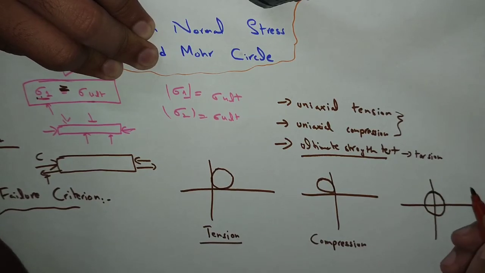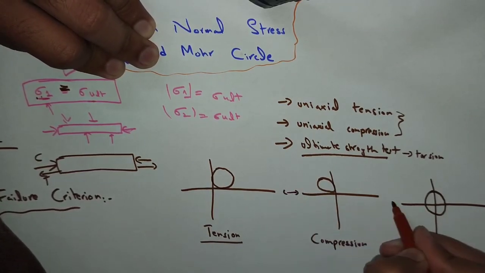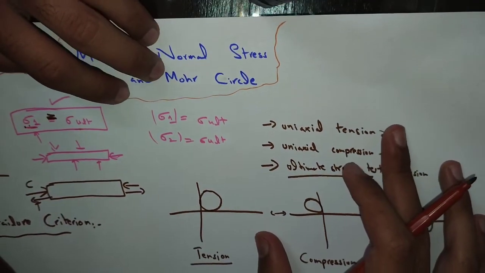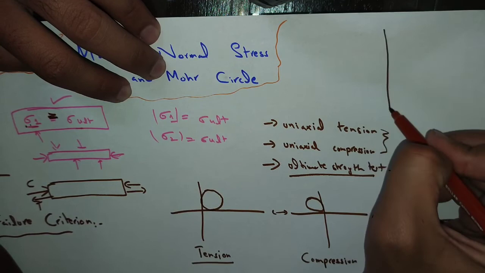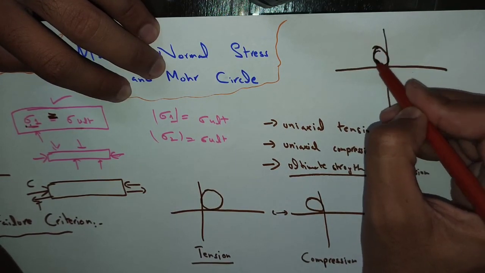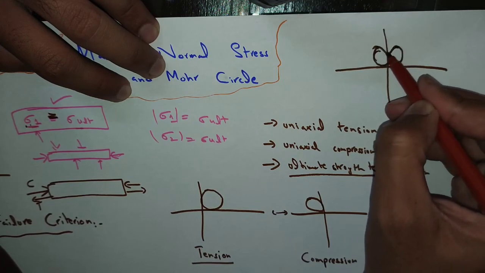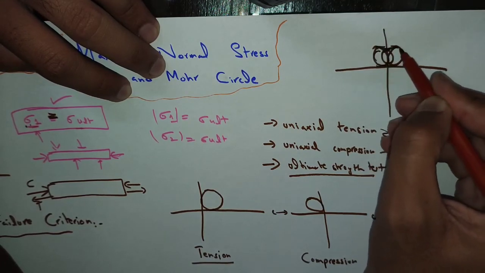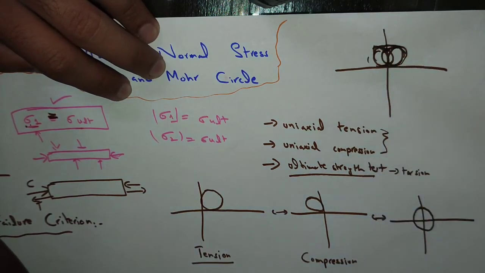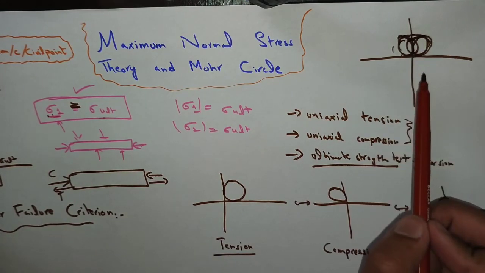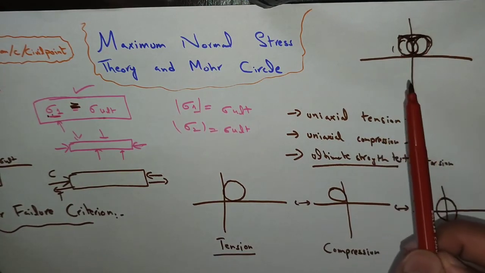So we will combine all these three, and at the end we will have an equivalent circle. Here we have tension, here we have compression, and here we have torsion. So we have to combine all these three. This will be a whole envelope, and this will be called the failure envelope.